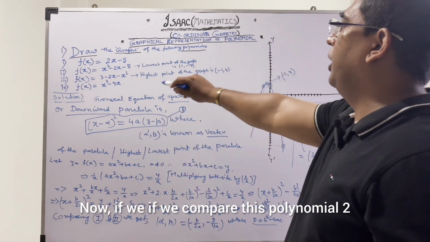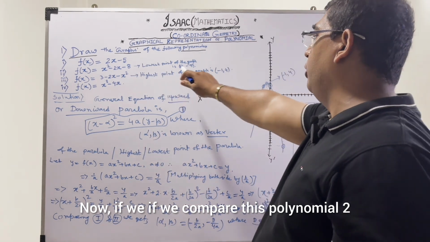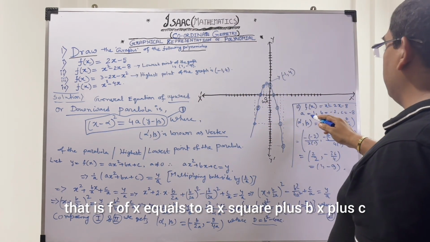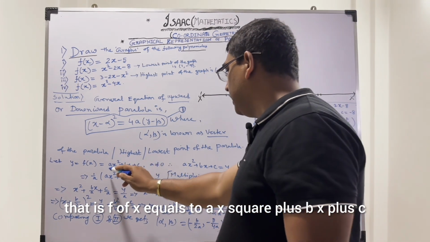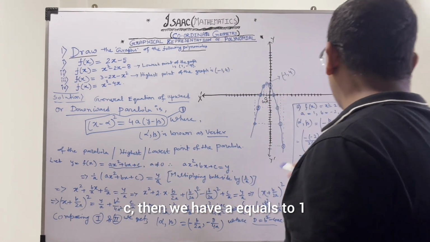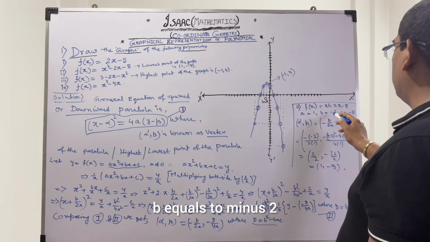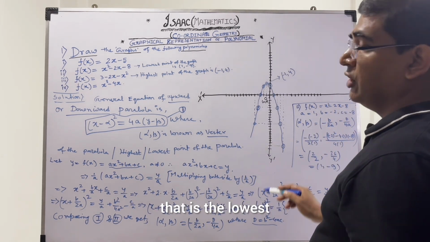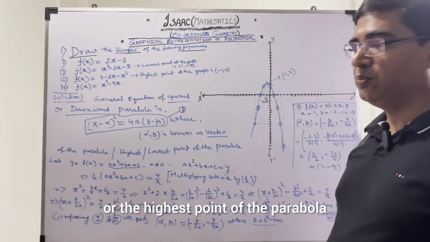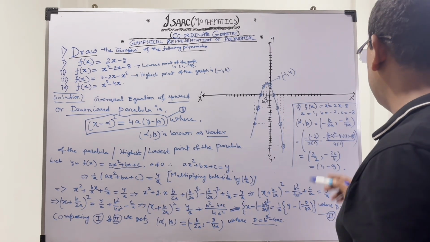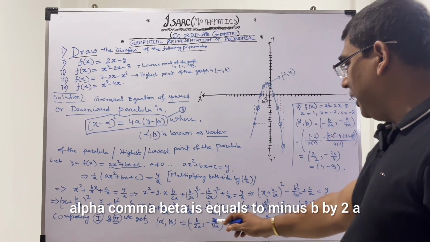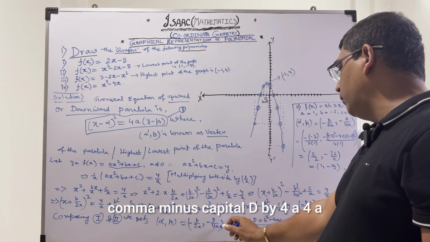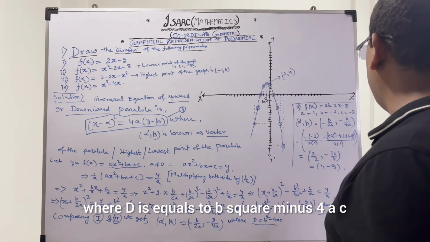Now if we compare this polynomial 2 with the general form, that is f of x equals ax square plus bx plus c, then we have a equals 1, b equals minus 2, c equals minus 8. So now alpha comma beta, that is the lowest or the highest point of the parabola, is equal to minus b by 2a comma minus capital D by 4a, where D is equal to b square minus 4ac.